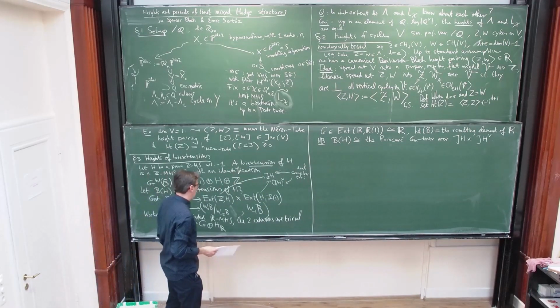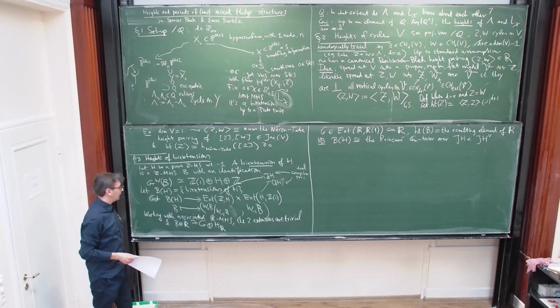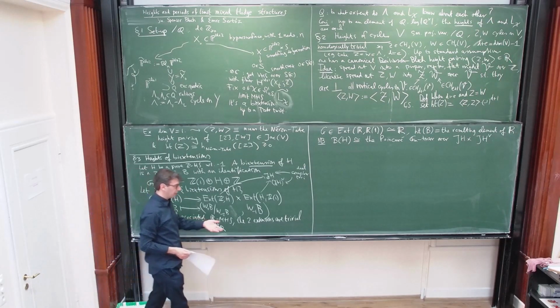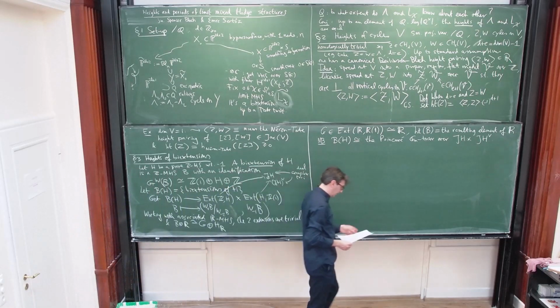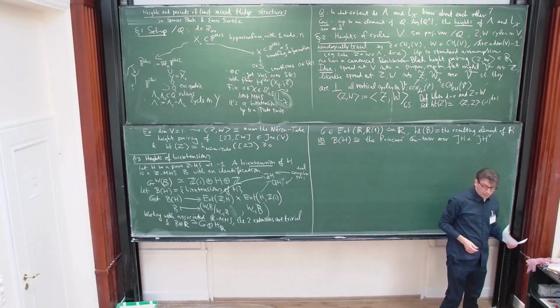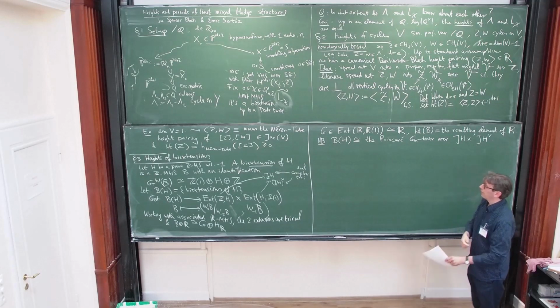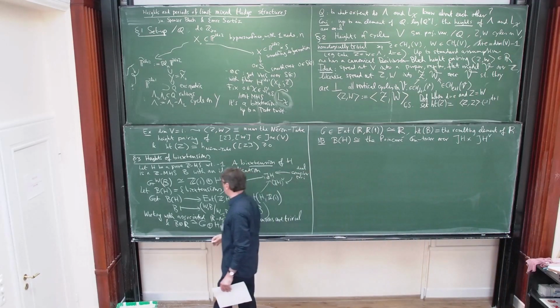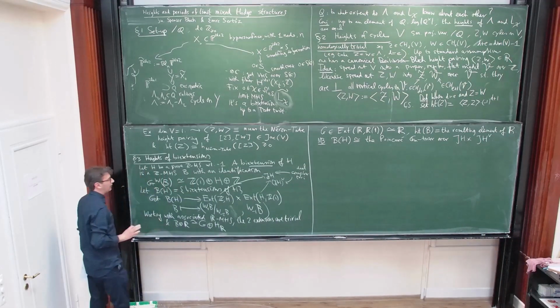Now this is highly abstract, and we want to be able to compute heights of biextensions whenever we find them in nature, and I will tell you later that we can find them in nature a lot. So maybe there's a way to compute them from very concrete data.